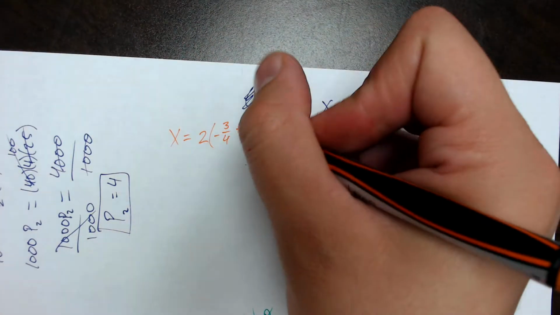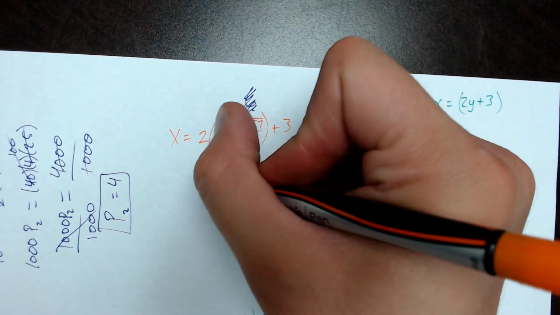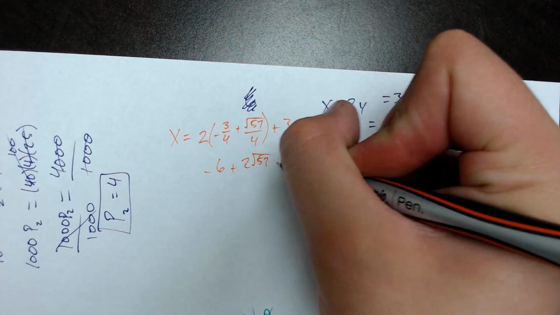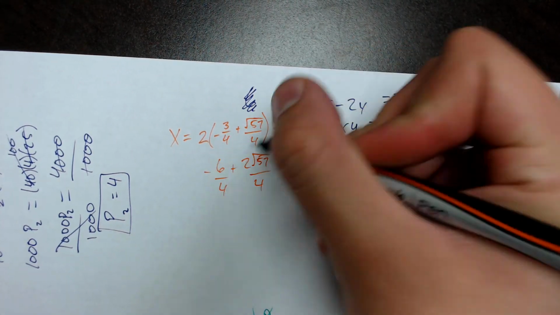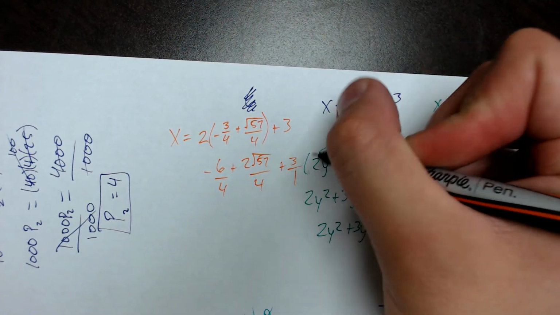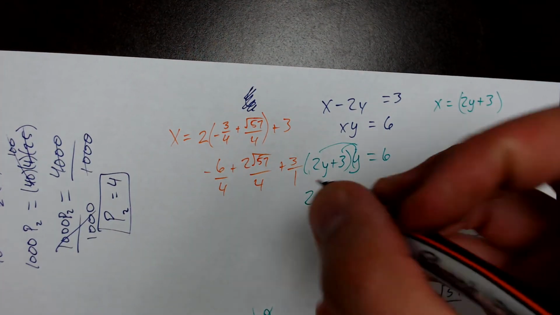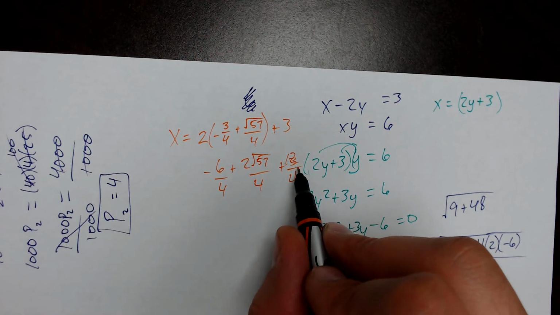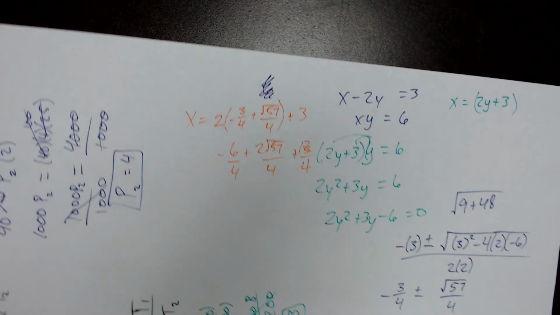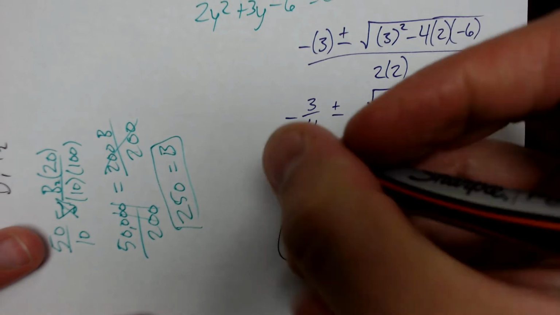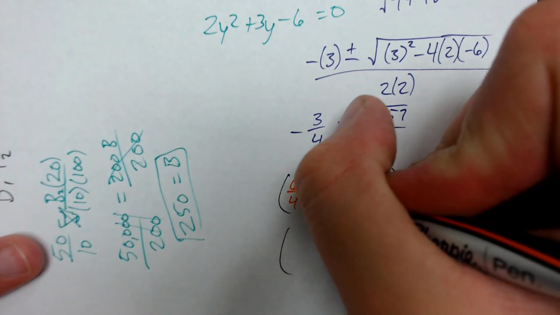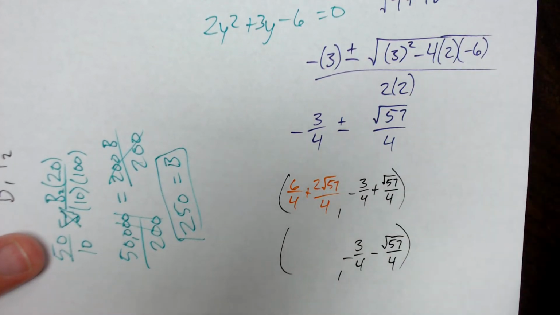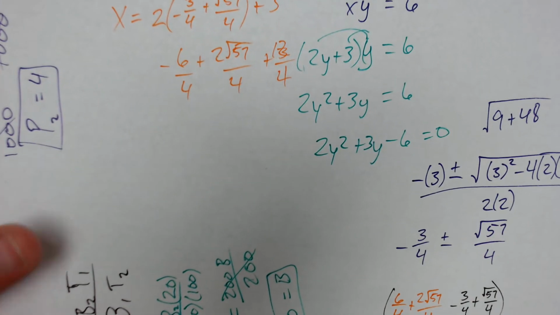So 2 times this is going to make it negative 6 over 4, and then it'll be plus 2 times root 57 over 4, and then plus 3. So 3 and the negative 6/4 are going to be like terms. 3 times 4 would give me 12, so 12/4. So negative 6 plus 12 is going to make it positive 6/4. So for the positive one, I'm going to have positive 6 over 4 plus 2 times the square root of 57 over 4. See? Pretty easy.